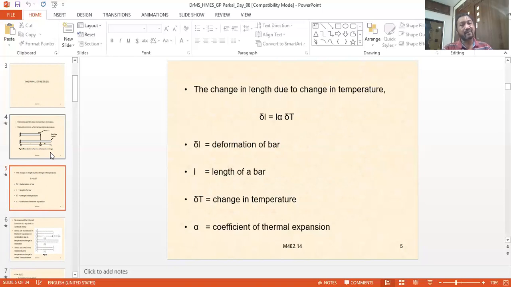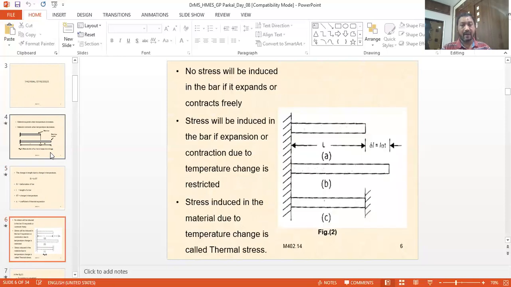Therefore, delta L will be negative, and it causes the contraction of the material. If delta L is positive, it will expand. If delta L is negative, the material will contract, the length will decrease. That you must note.